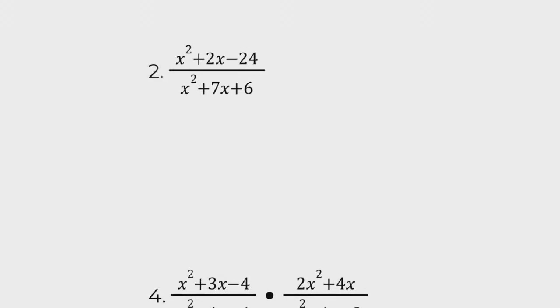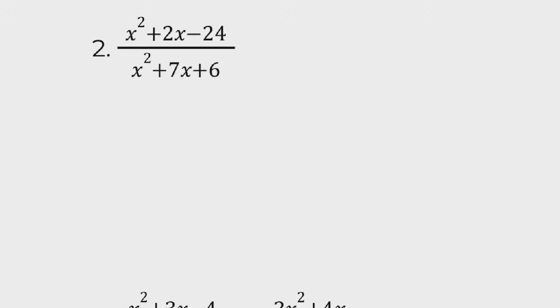For number 2, we have x squared plus 2x minus 24 over x squared plus 7x plus 6. So for the numerator, we have negative 24 and 2 at the bottom, and that would be 6 and negative 4, and x would go on top. So that's x plus 6 times x minus 4.